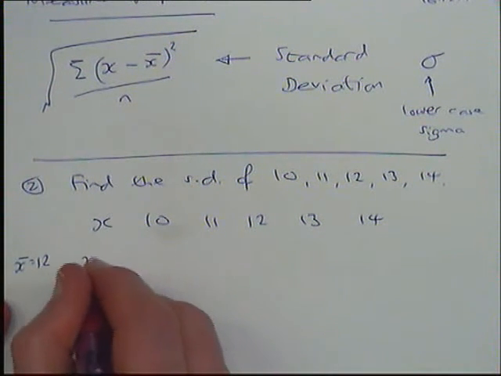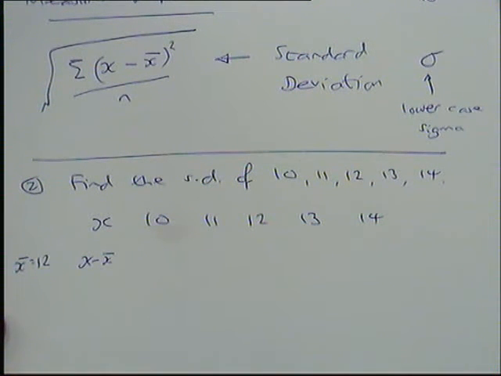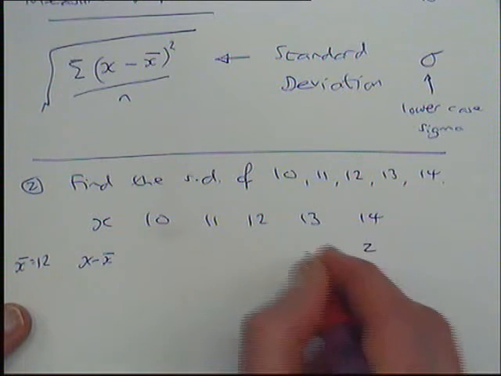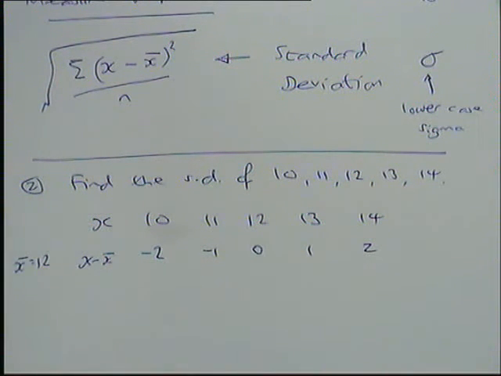And the next row is going to be x minus x bar. So you're going to take 12 away from all of those values. I'm going to start at the right hand side because it's positive there, which is easier. And the whole point was that if we added those up, that would always give us 0. That's where we did the squaring thing up here.